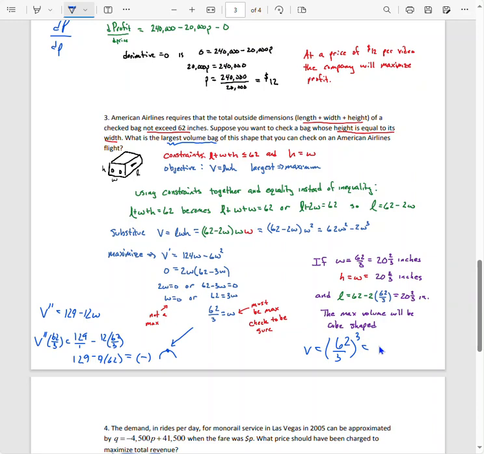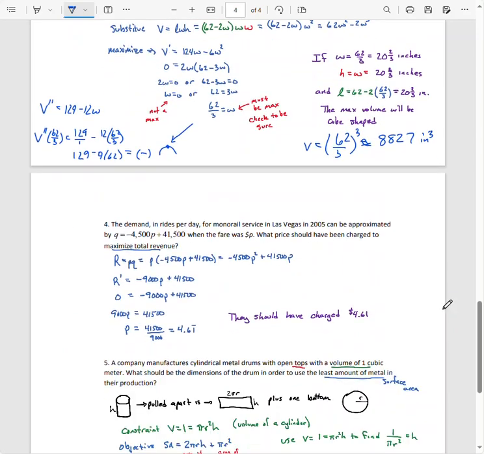I'm doing 62 thirds to the power of 3, and my calculator's not playing along. 8826.96, so I'm going to say about 8827 cubic inches is the maximum value, right? Once I have that L, W, and H, what is the largest volume? The largest volume is 8,826 cubic inches.